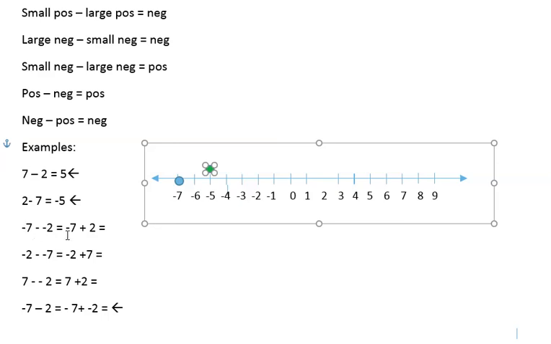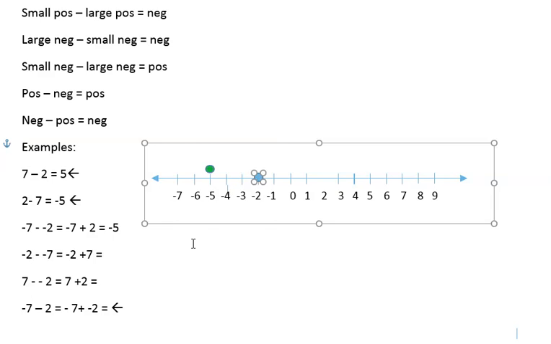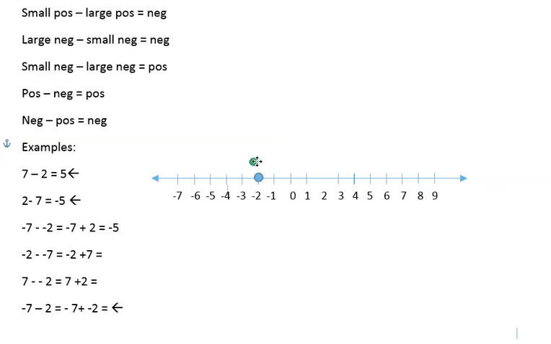Negative 2 subtract negative 7. So starting at negative 2, and I'm going to subtract negative 7. So that's the same as adding positive 7. So I'm going to move 7 this direction. I end up over at positive 5.